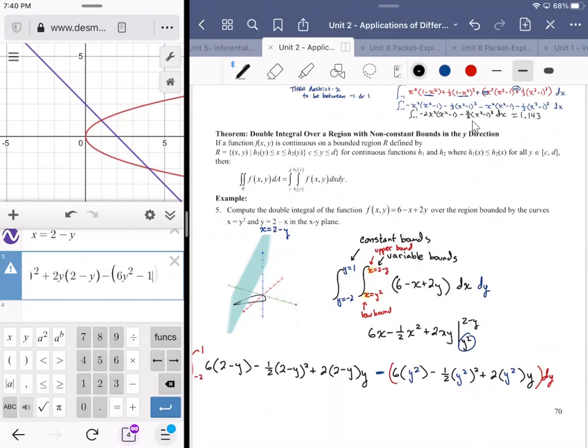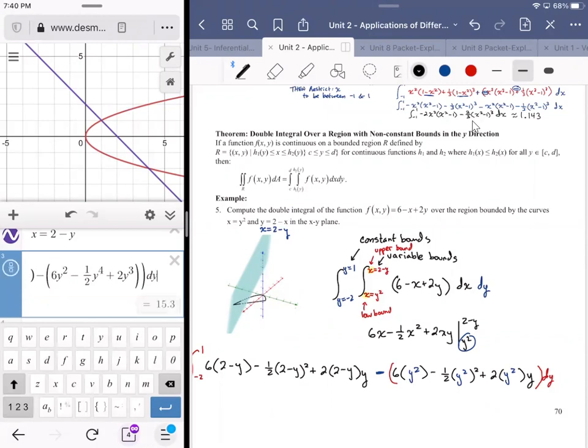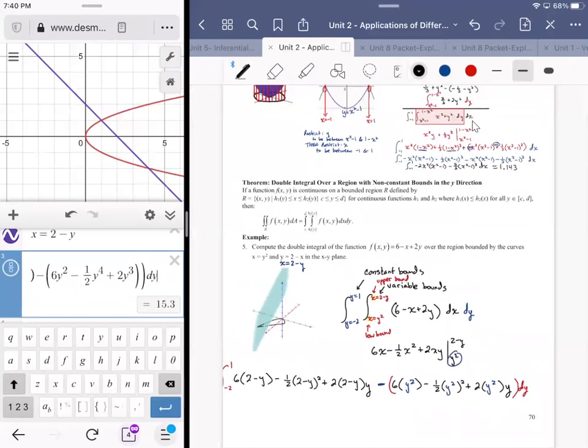Minus 1/2, y to the 4th. Then plus 2y to the 3rd. So a little bit of simplifying along the way. And then a dy out at the end. And 15.3 is what we get as a result after all that.